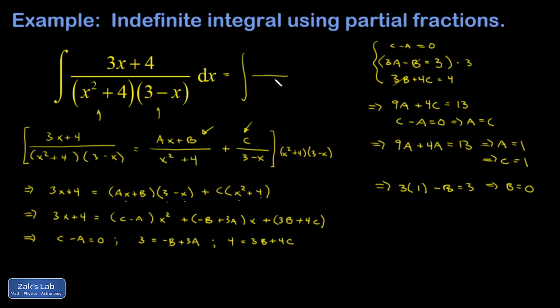This big rational expression broken down into 2 simpler pieces, ax plus b, so that's 1x plus 0, in other words, x, over x squared plus 4. And then my c is 1 over 3 minus x, and hopefully each of these pieces is fairly simple to do.